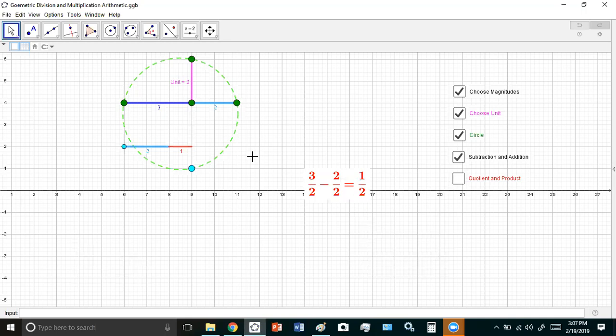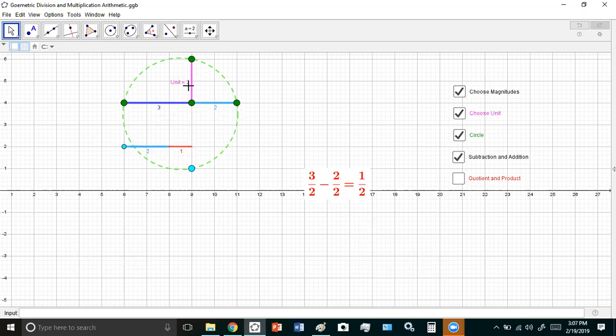So we'll see here that we can find the difference by comparing the two objects. And the two objects in this case are the line segment that you see here in light blue and the one in dark blue, whose length is 3/2 and 2/2.